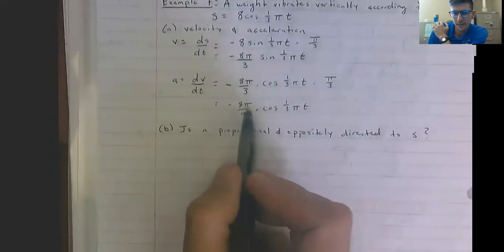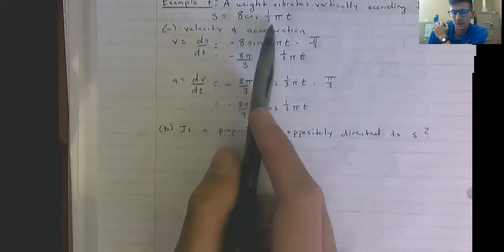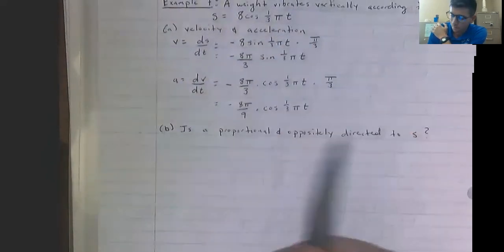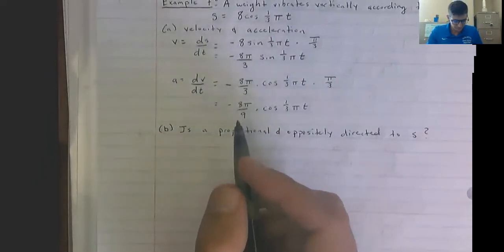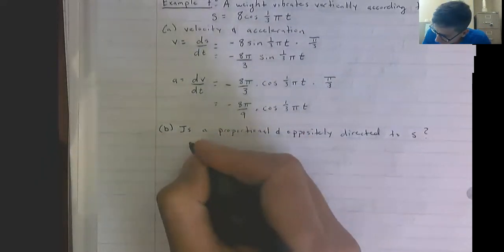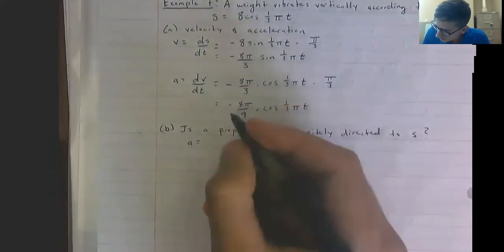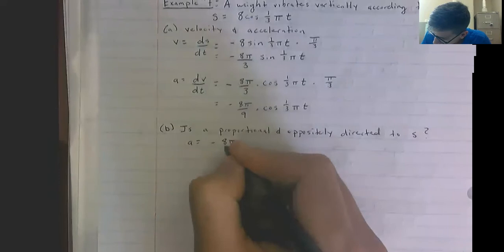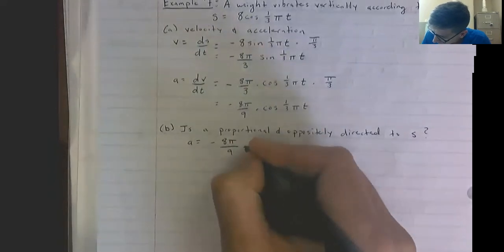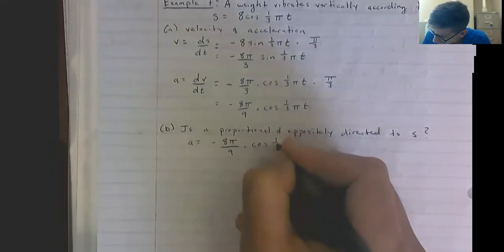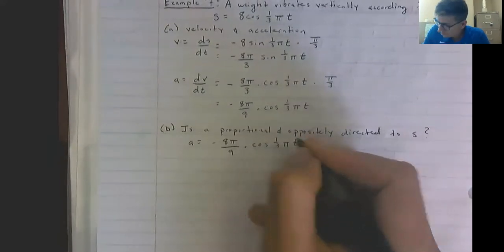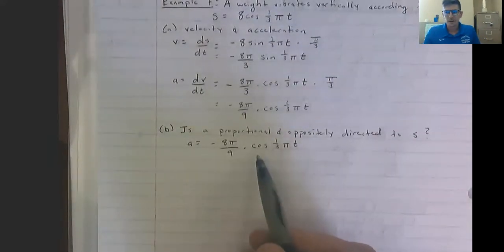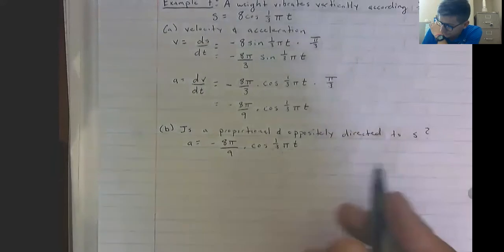We can kind of see that hidden in here is 8 times the cosine of 1/3 pi t. But let's tease that out a little bit. We had said that the acceleration in part A was negative 8 pi over 9 times the cosine of 1/3 pi t. So we just need to make this look like it's supposed to.